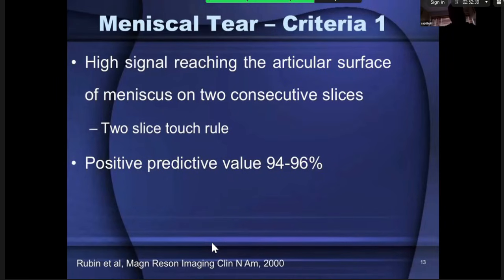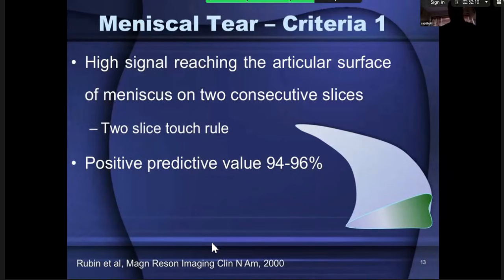If you just see a bright signal intensity reaching the meniscal surface in 1 slice, then that's no good. You'll be 50% right to call it a tear and 50% wrong. Same as tossing a coin. So if you see it on 1 slice, that's not useful. If you see it on 2 adjacent slices, then that's a very good sign.